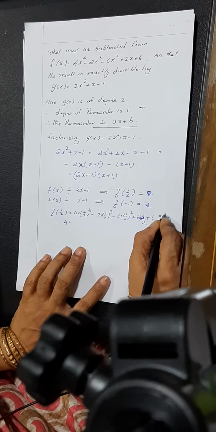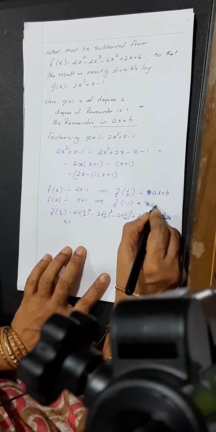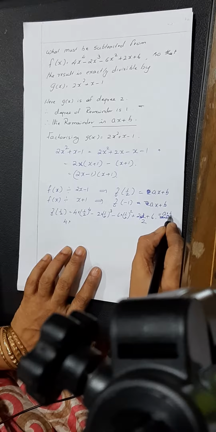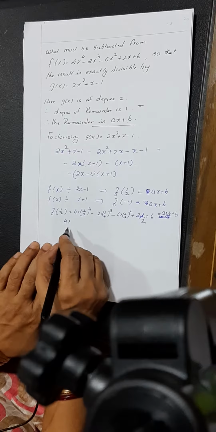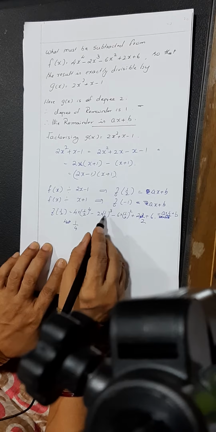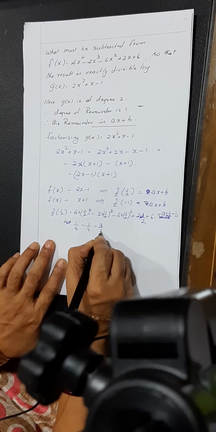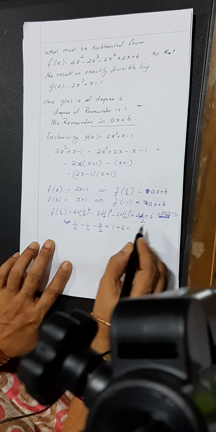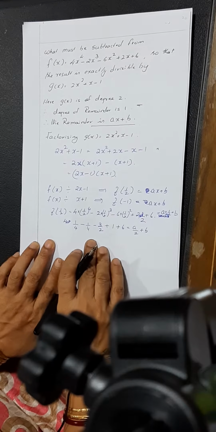So, f of half is equal to a into half plus b. Here you will get 1 by 4 minus 1 by 4 minus 3 by 2 plus 1 plus 6 is equal to a by 2 plus b.